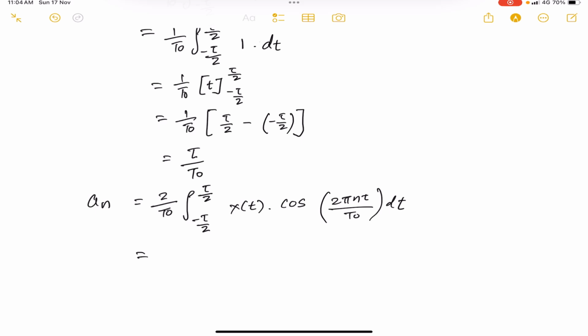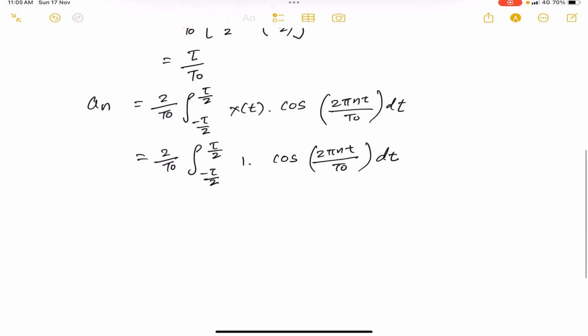When you integrate the cos, you will get sine. You substitute the value of x(t) with 1, then this cos remains. So integrate cos, you get sine.